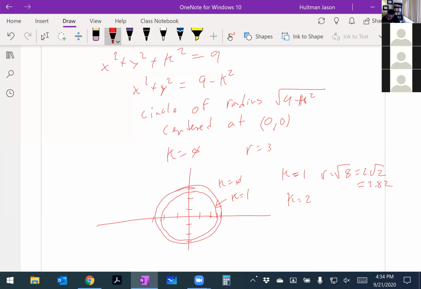K equals 2, that's going to be the square root of 5, which is 2.23. And so again, we're still inside that 2 mark.